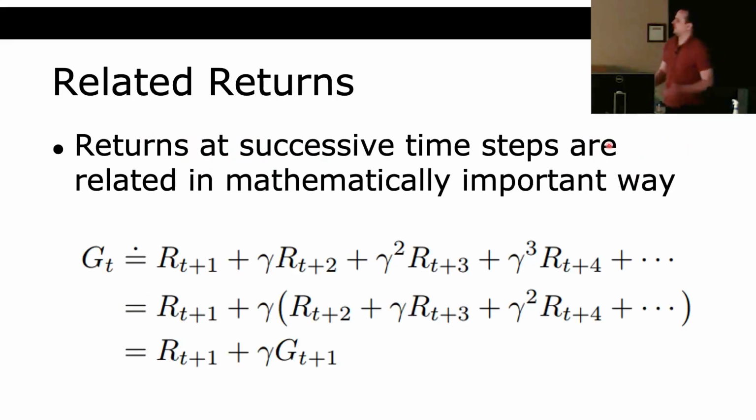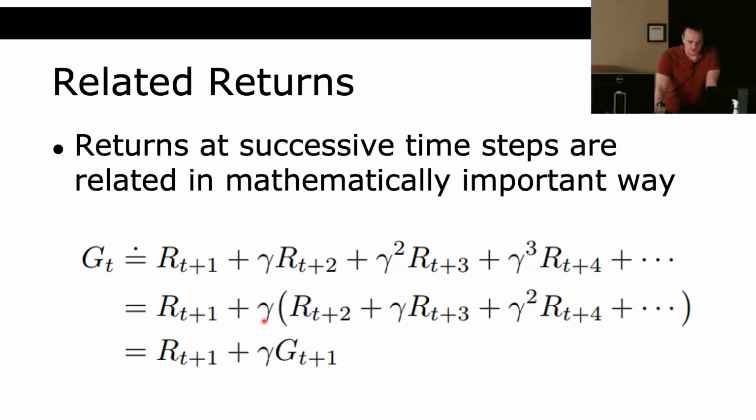The really cool thing here, mathematically, is that this relates current returns to future returns. Returns at successive time steps are related in a mathematically important way. If this is G t, which is my return following the current time step, and that's equal to this formula, let's factor a gamma out of everything from this term onward.